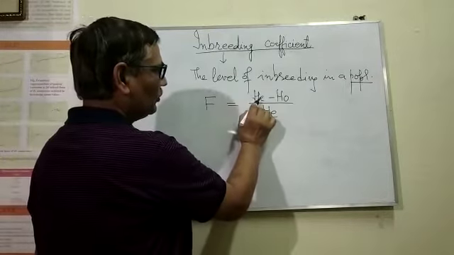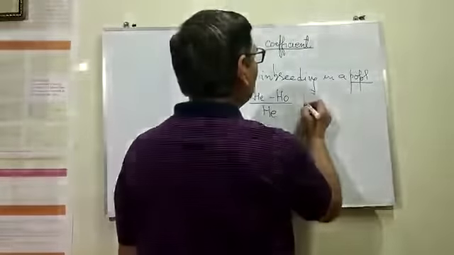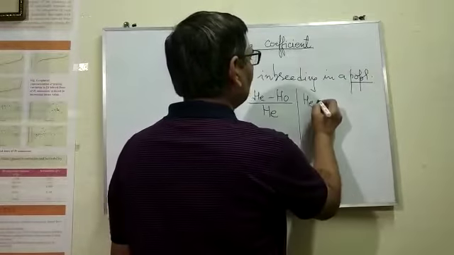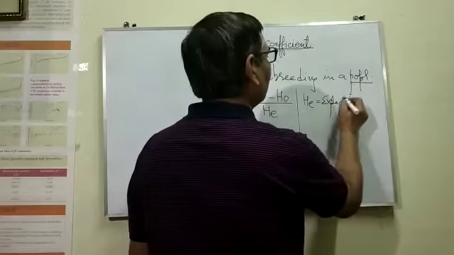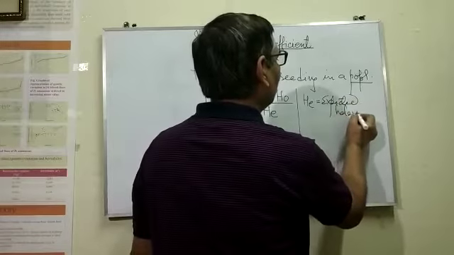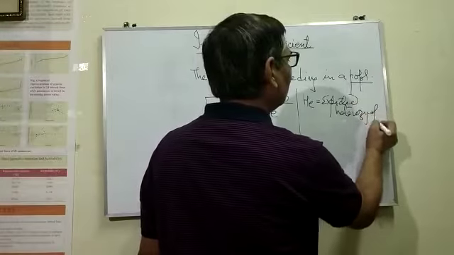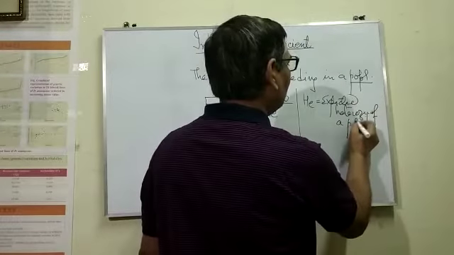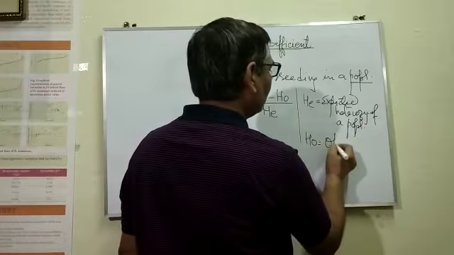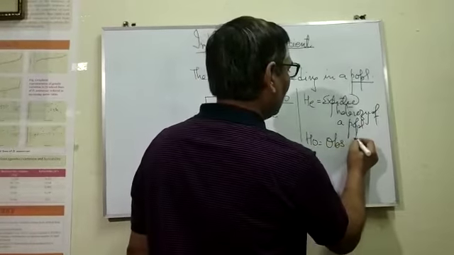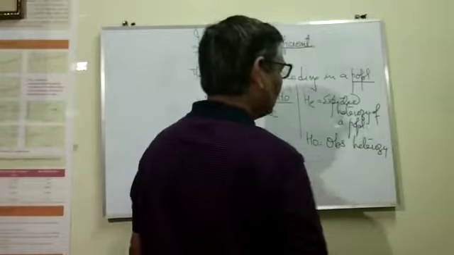This is equal to HE minus HO divided by HE, where HE is equal to the expected heterozygosity of a population, and HO stands for the observed heterozygosity of a population.